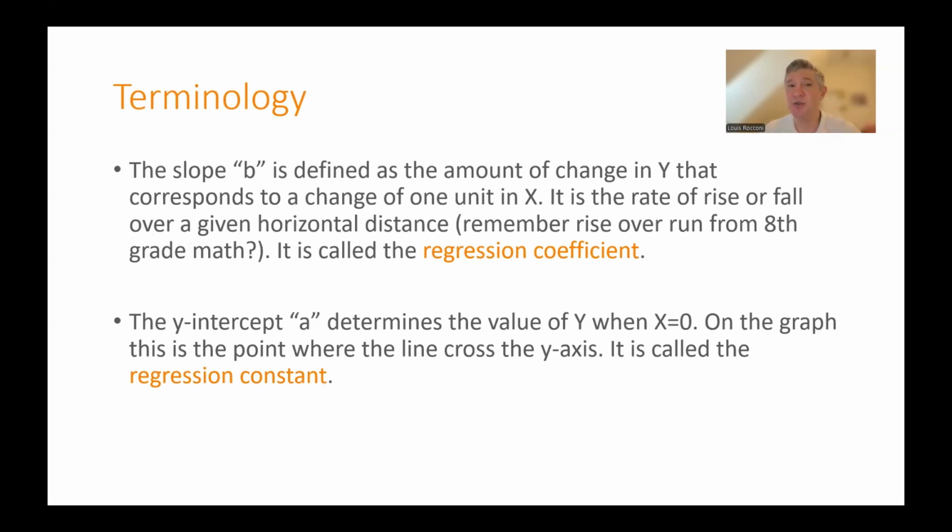So if the B coefficient is 0.3, it's saying that a 1 unit change in X corresponds to a 0.3 unit change in Y. So if we were to increase X by 1 unit, what would we expect Y to increase or decrease by?